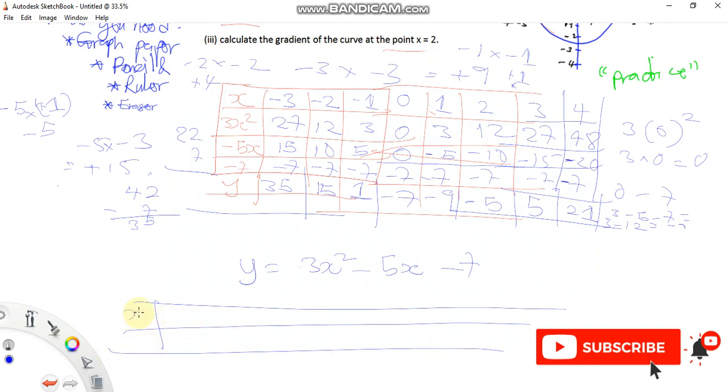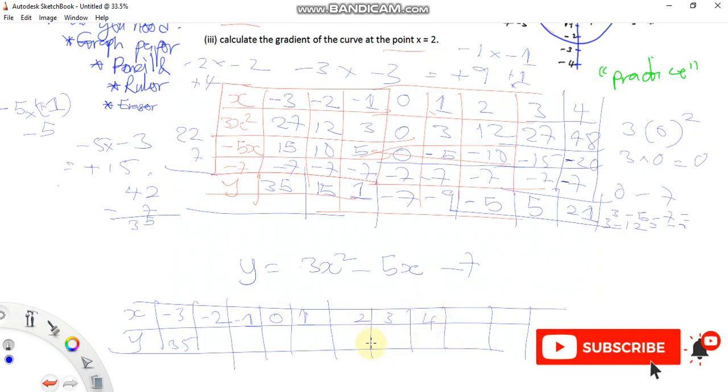Okay, so we have x values and we need the y values. We have already been given some for minus 3. We already have 35. Let's just put in the other ones, and then we can start the other method. So minus 2, minus 1, 0, 1, 2, 3, 4.